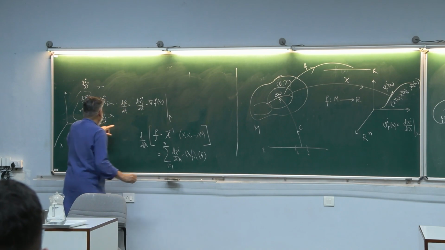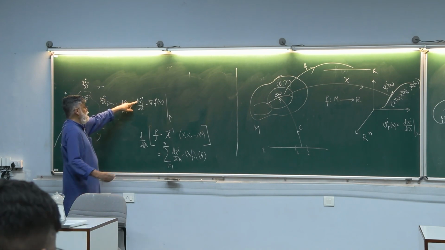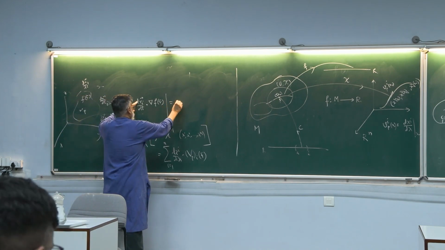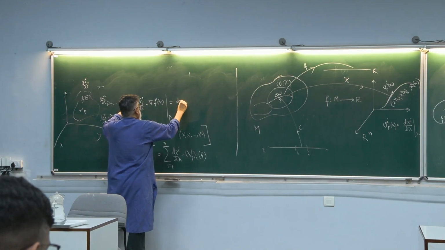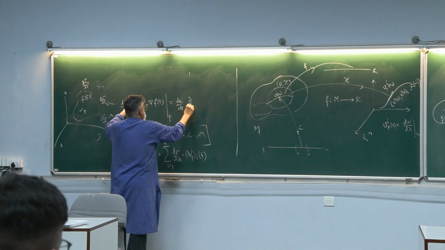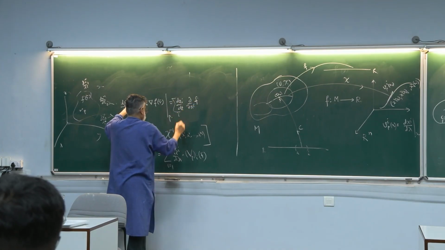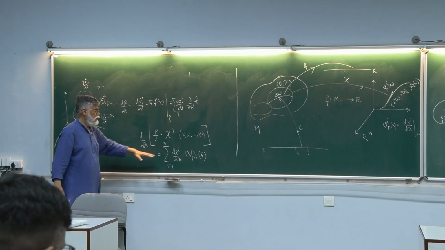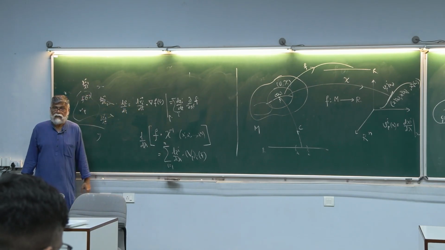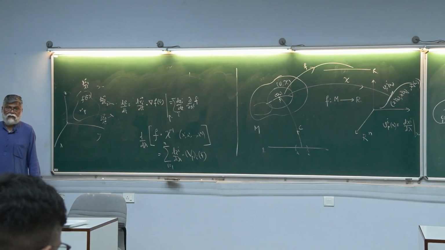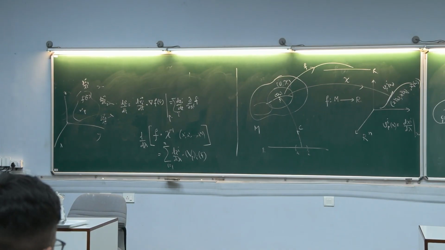to n. Remember, go back. What is this object? This object is nothing but dxi by dt del by del xi of f summation over I, right. Okay.